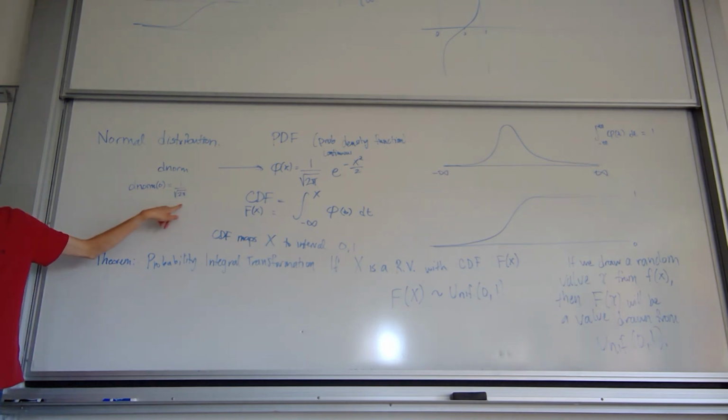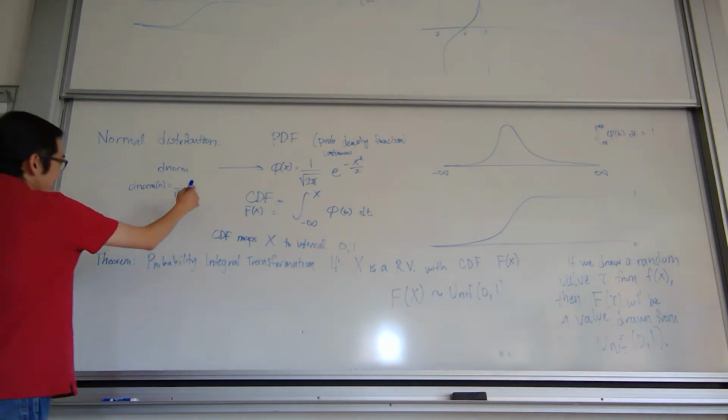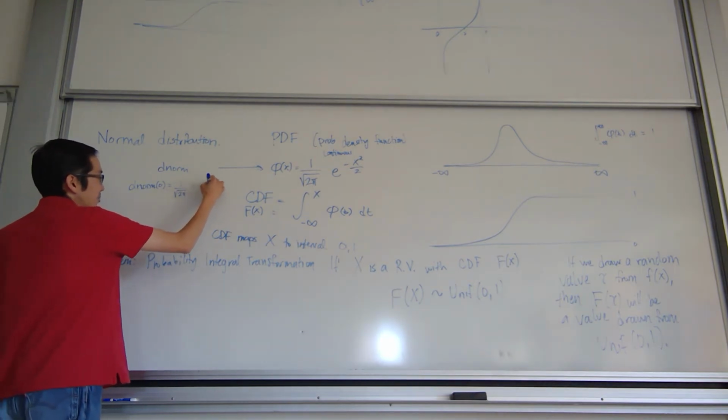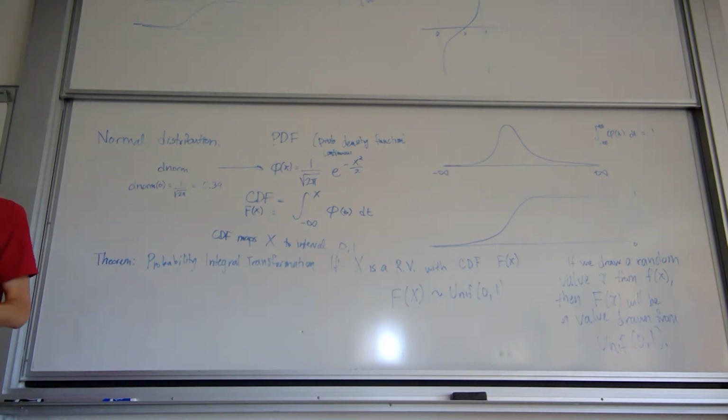Nobody's got R open on their machine. What's that? 0.39. So dnorm 0 is 0.39, and then if you did 1 divided by square root 2 pi, do you also get 0.39?